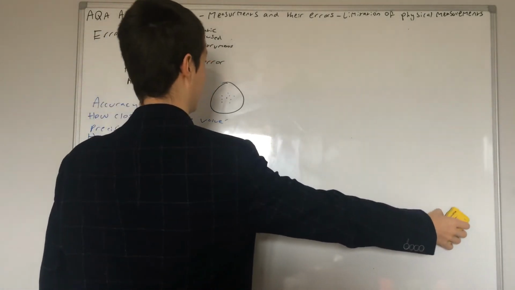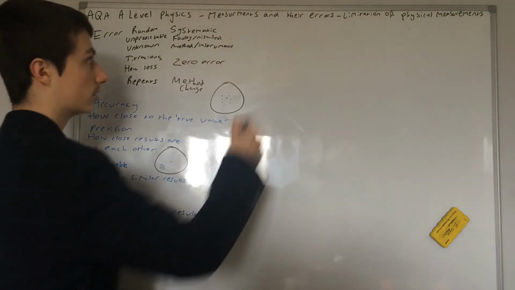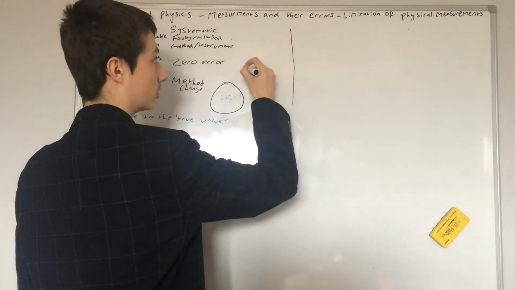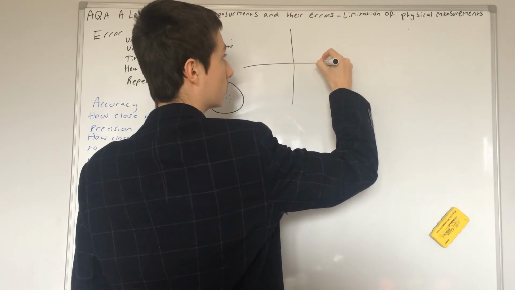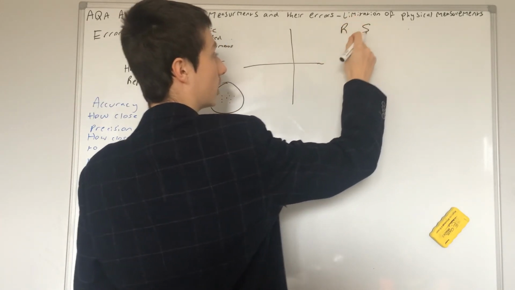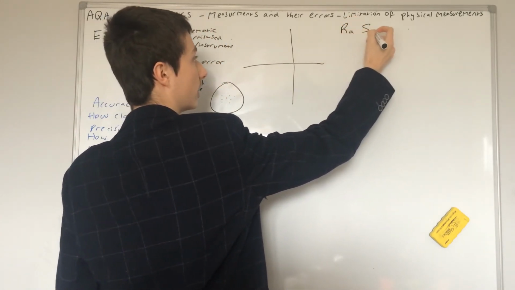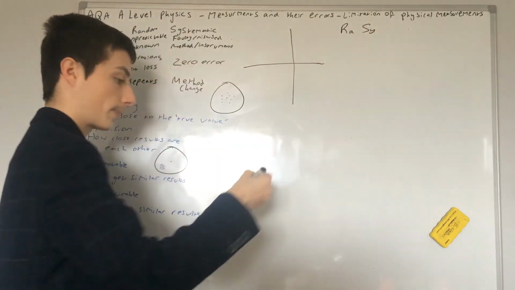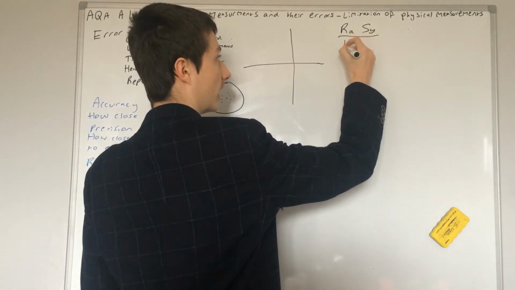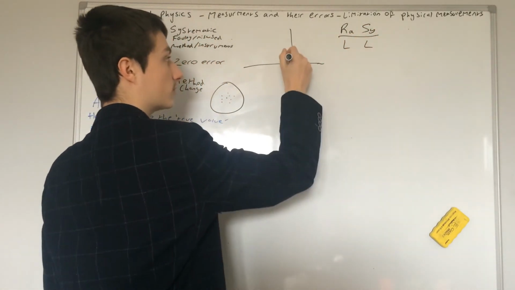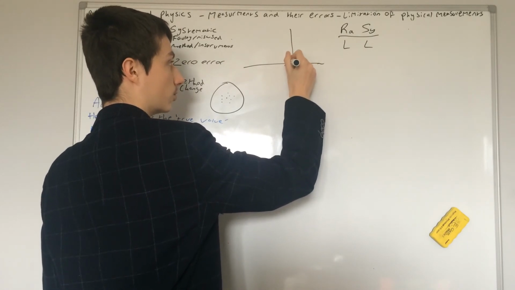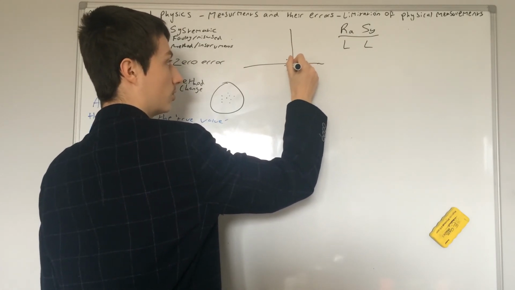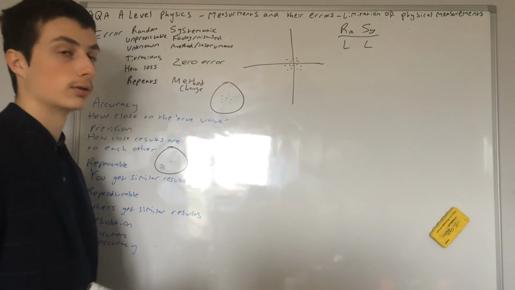We can link these terms and errors together with a visualization. Here, that means random error, and this means systematic error. L means low, so these black dots would be the results if there was a low random and a low systematic error.